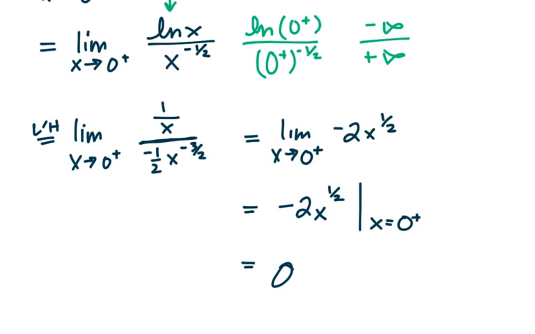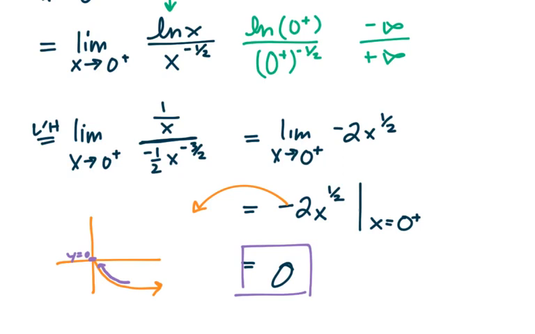Thinking about what that graph looks like, that's the square root of x graph reflected across the x-axis. Normally square root of x looks like that, but we are reflecting across the x-axis and stretching it vertically. So this is my graph. As we consider approaching 0 from the right, my y value goes to 0 there. So this is my answer.